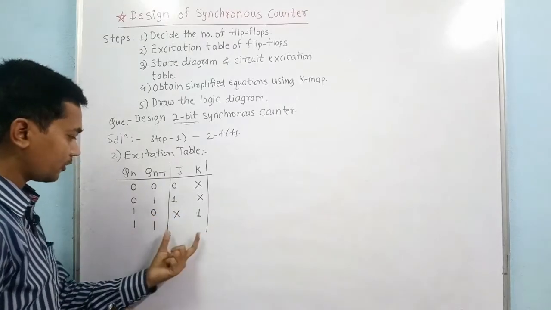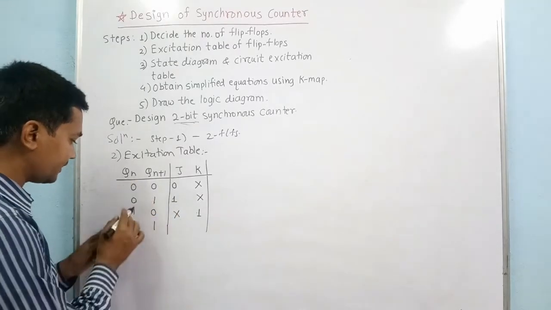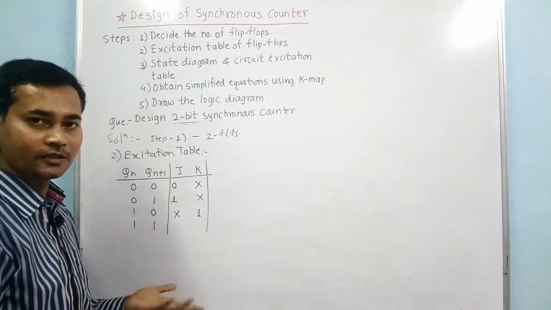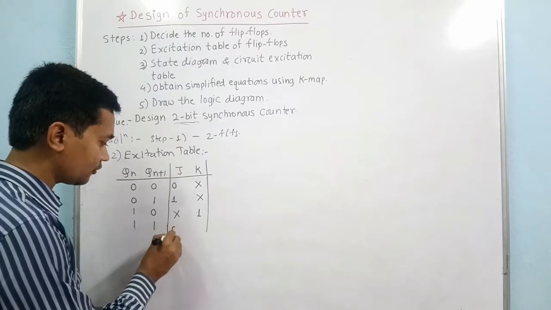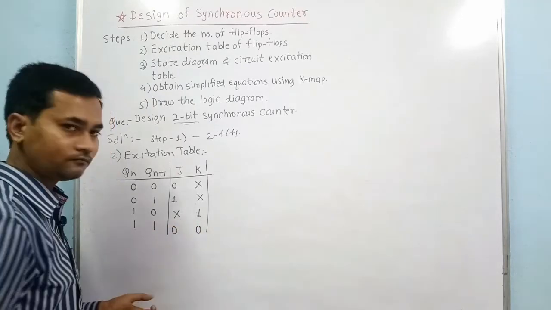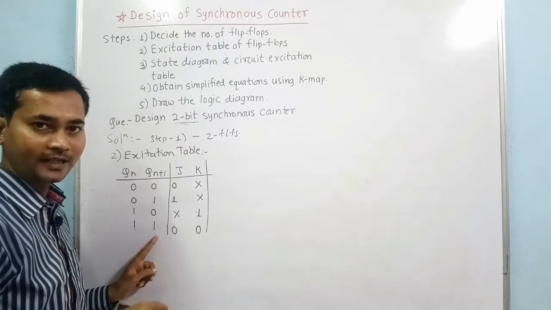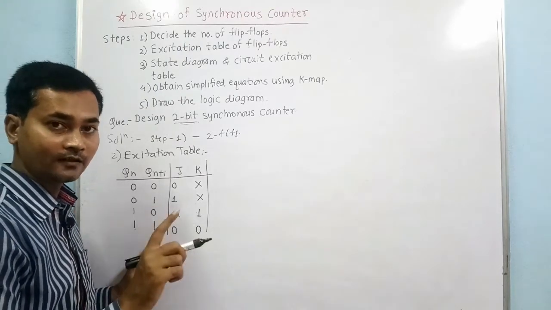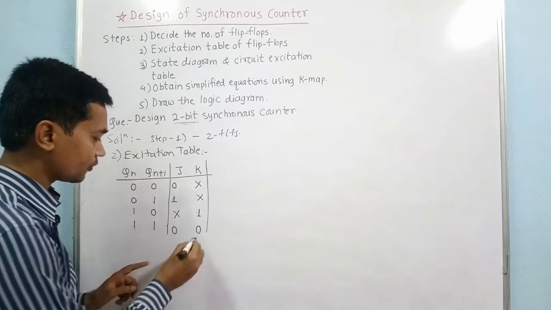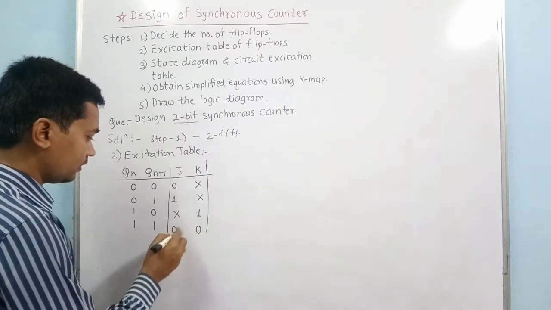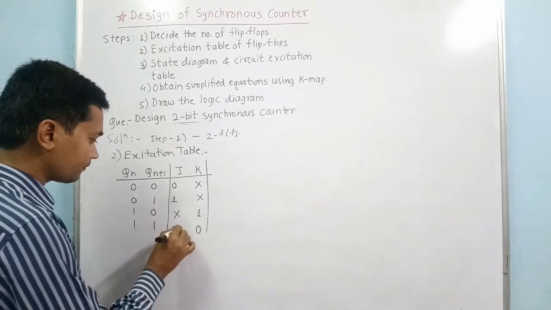Okay, and for last condition, if Qn present state is 1 and we want next state as 1, then that means no change. Okay, so no change means 0 0. Okay, and the 1 can be achieved by applying J equal to 1 and K equal to 0. So here K will have 0, the J will have 1.